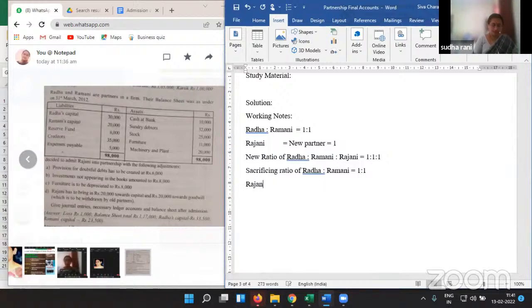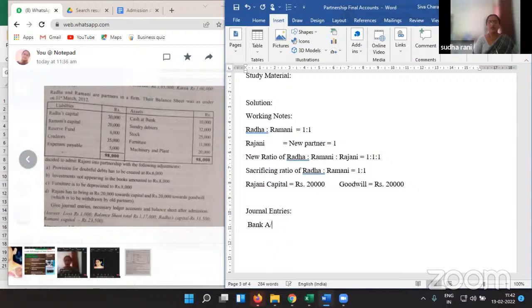Next, relating to Rajni's capital. Rajni is the new partner. How much capital did she bring? 20,000 rupees. And she also brought goodwill. How much goodwill? 20,000. Now we need to pass journal entries on admission of Rajni.